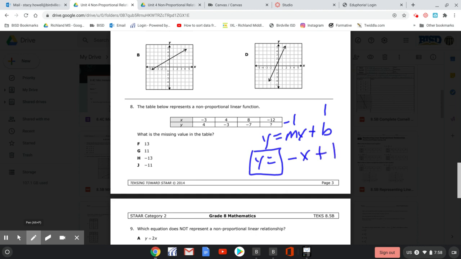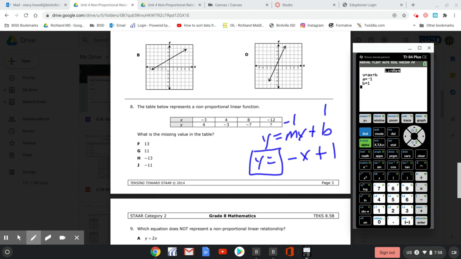So I'm going to pull my calculator back up, and I'm going to hit y equals, because we know the equation from putting that in. I'm going to hit -x plus 1.